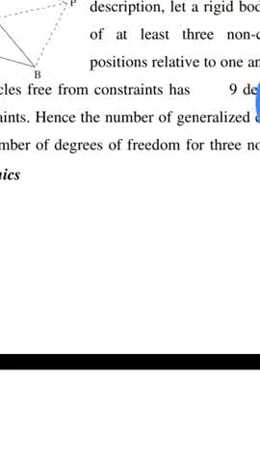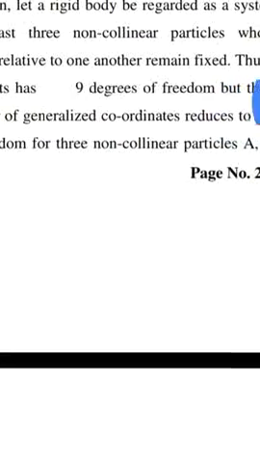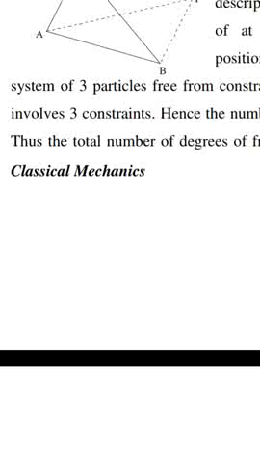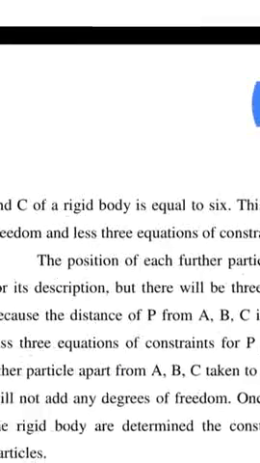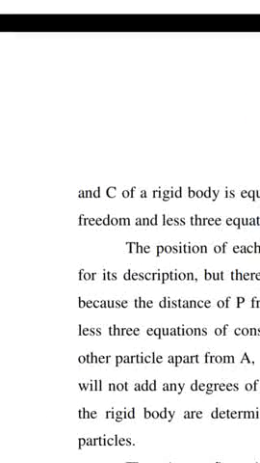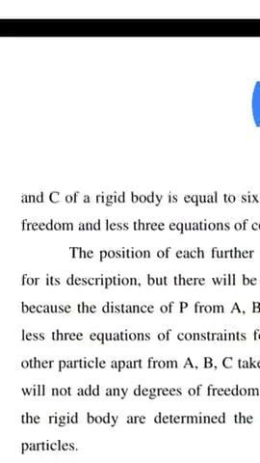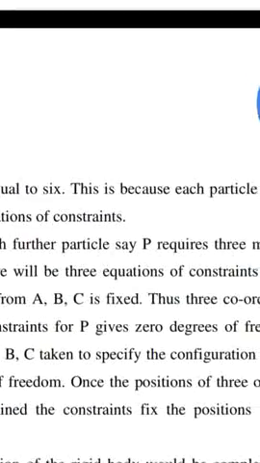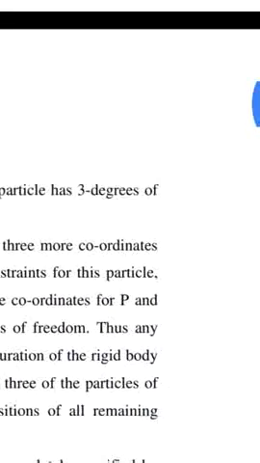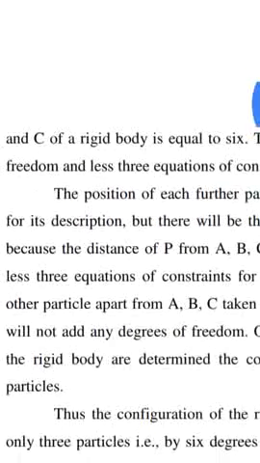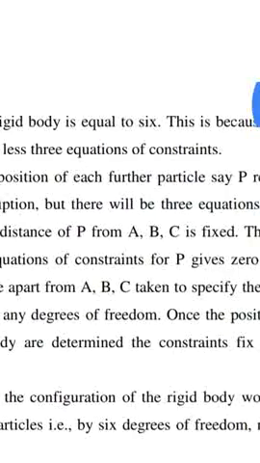Hence, the number of generalized coordinates is reduced to 6. Thus, the total number of degrees of freedom for 3 non-collinear particles A, B and C of a rigid body is equal to 6. This is because each particle has 3 degrees of freedom and lays 3 equations of constraint.